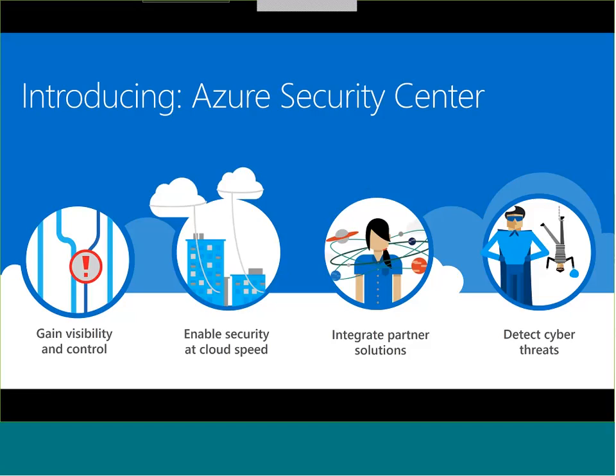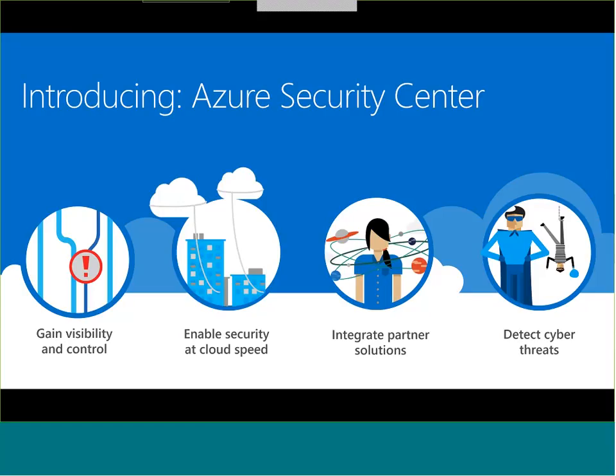The next area we're going to look at here is security. So within Azure, there are 4 key areas to consider. The first area is gaining visibility and control within your environment, all of your resources, and understanding really what's going on, who has rights, and who has been in and used your resources.